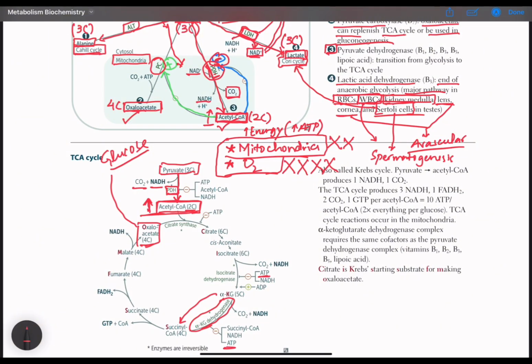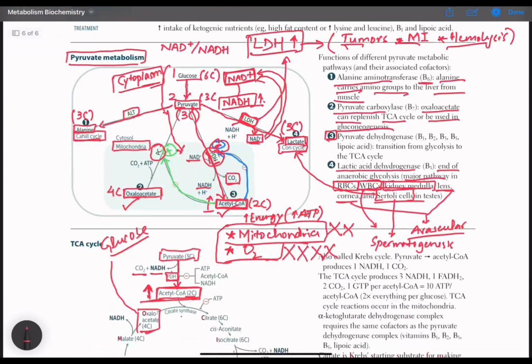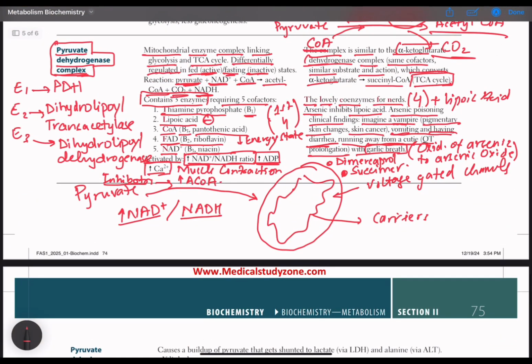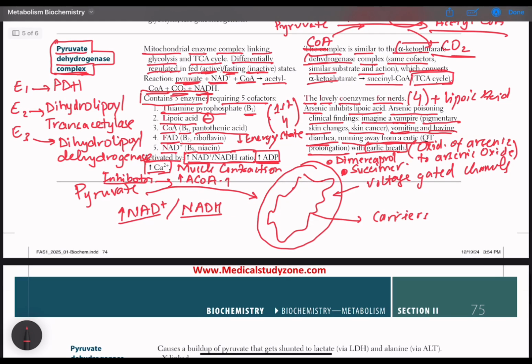ATP reflects that the cell has high energy, so there is no need for acetyl-CoA to enter the TCA cycle. So pyruvate dehydrogenase is inhibited. It is also inhibited by increased ATP, which means that the cell has a lot of energy. This was all about the pyruvate dehydrogenase complex.